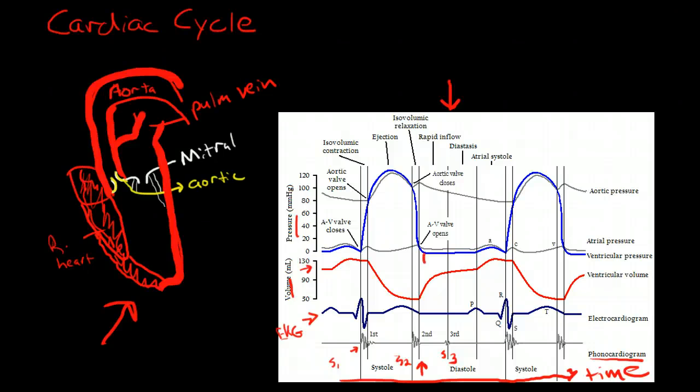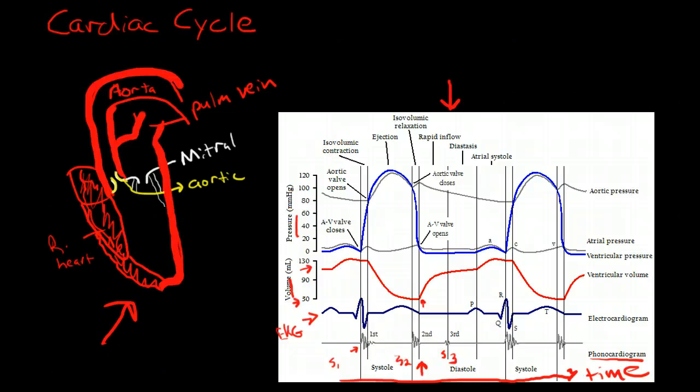Okay, so again, I'm going to start here some in the middle, and this is sort of at the beginning of diastole. I want to take a look first at what's going on with volume, because pressure really relates to what's going on with the volume. So pay attention to this red curve first. This is the volume curve, and we're starting out right here. Right now, the ventricles are just starting to relax, so it's the beginning of diastole, and they've just ejected most of their contents.